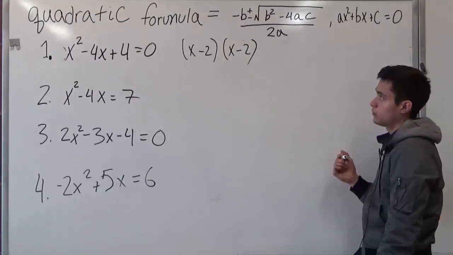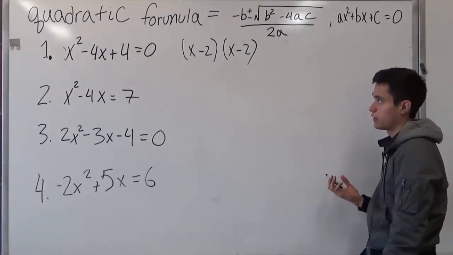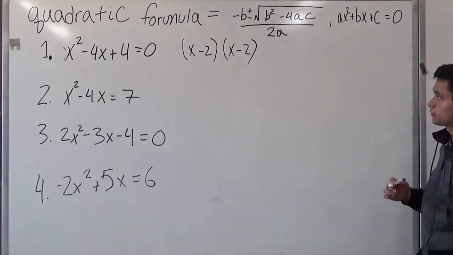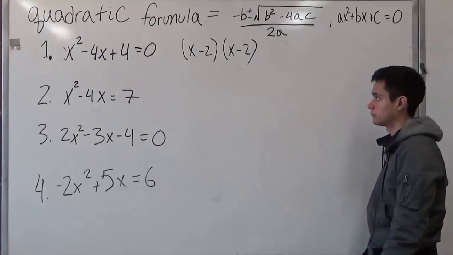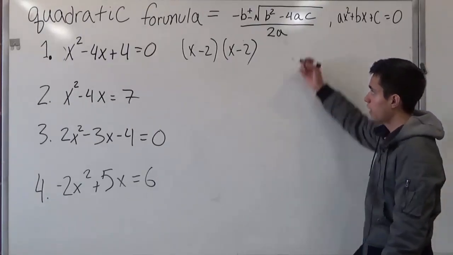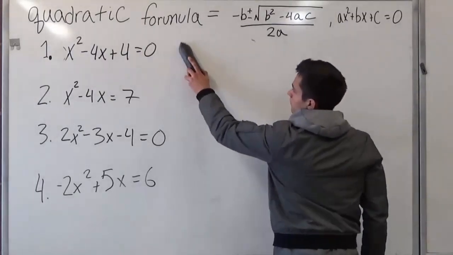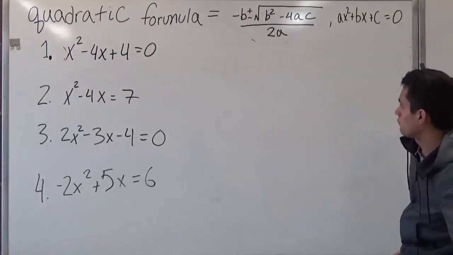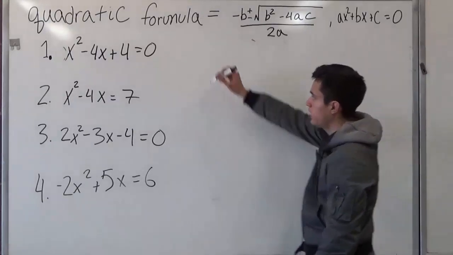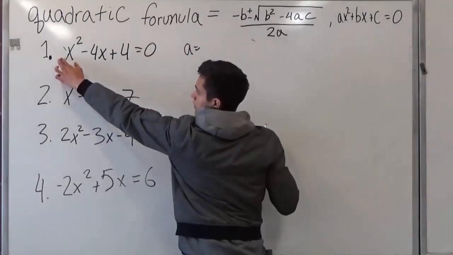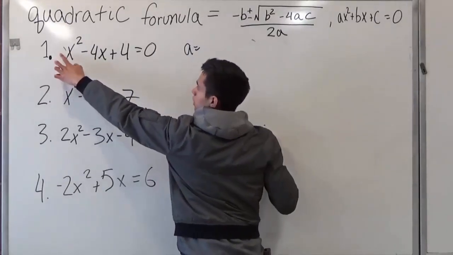But suppose we can't solve it through factoring. We could use the quadratic formula, and that could solve for the roots that we're trying to find. So let's try using the quadratic formula this way. What we know from this is that a is equal to 1, because this x always has an imaginary 1.